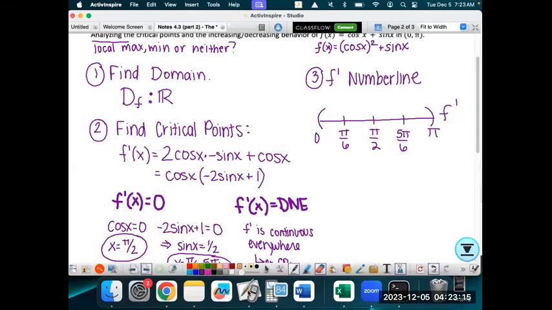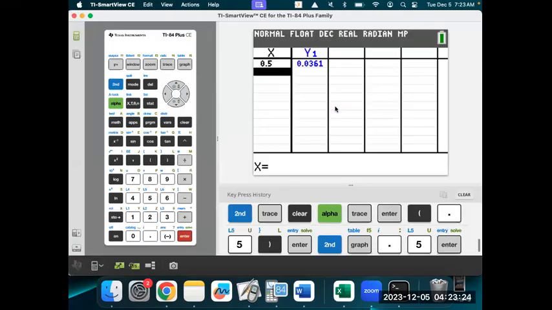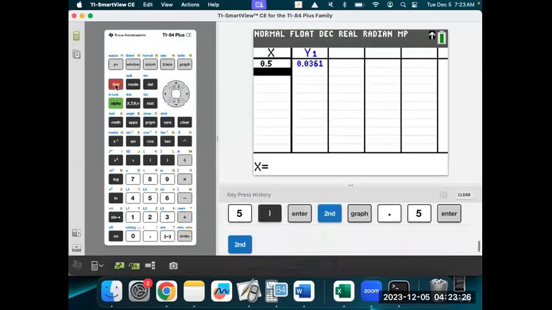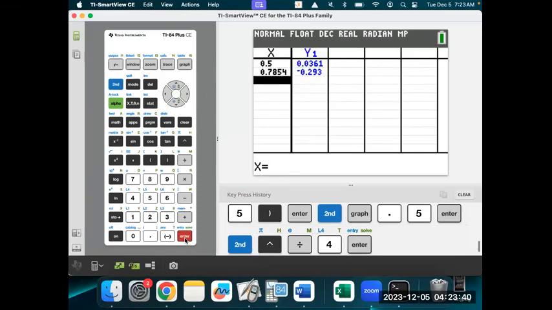Something that's positive. So go ahead and do that for each of your intervals, and let's see if we're getting the same pattern. Pi/4 is definitely between pi/6 and pi/2. Negative. A number between pi/2 and 5 pi/6.